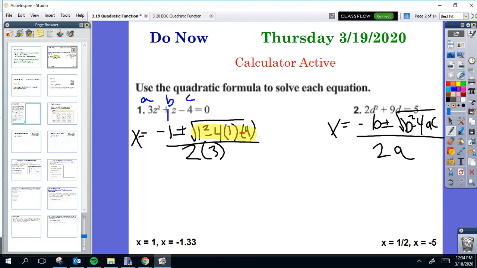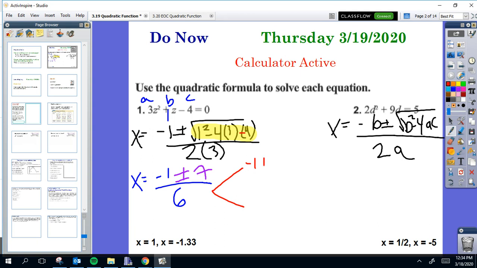All right, so I have plus or minus 7 as what's under the square root, and then I'm going to carry everything else down over 2 times 3. And I'm going to simplify that. 2 times 3 is 6, so I'm just going to write that as 6. Okay, when I do that, I have a plus up here and a minus down there.